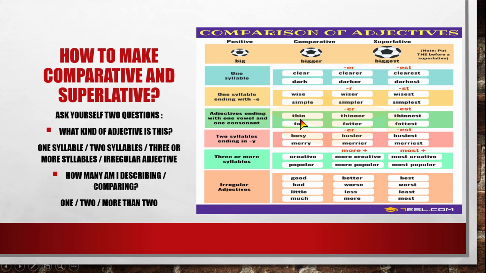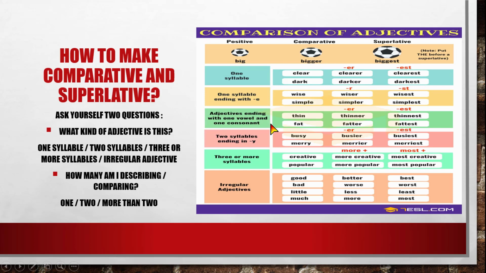So when you find an adjective with this pattern, you just double the last consonant. As you can see here, thin became thinner. You double the last consonant. Fat became fatter. Thinnest and fattest. This works with all the adjectives that end in a consonant preceded by a vowel.